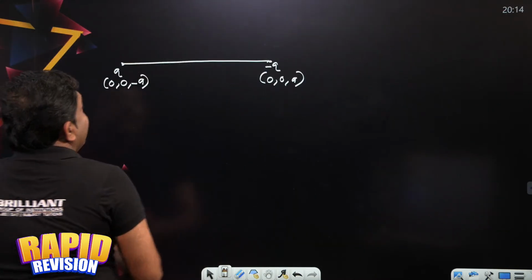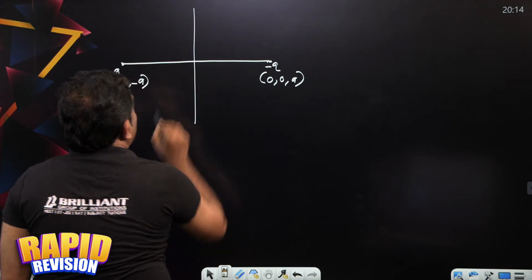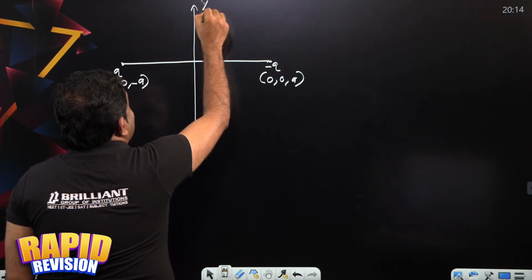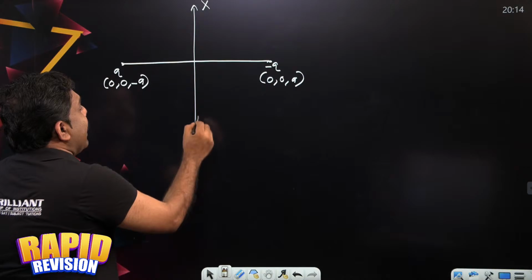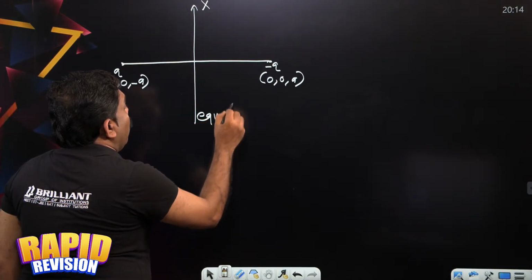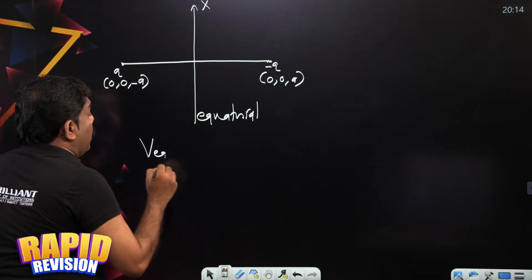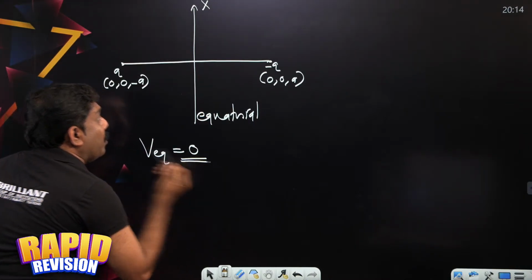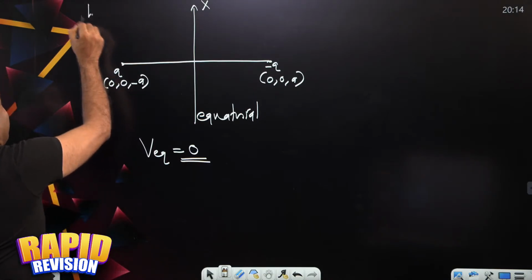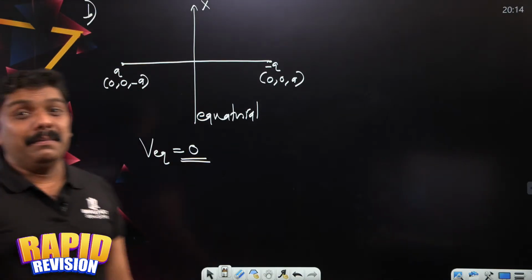So I can mark that point here like this. So we can say this is the x-axis point now. So the x-axis is which plane? Equatorial plane. So the potential on the equatorial plane is equal to 0. So the B part we completed, that is, potential will be 0.